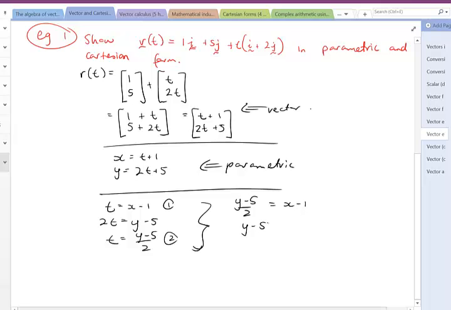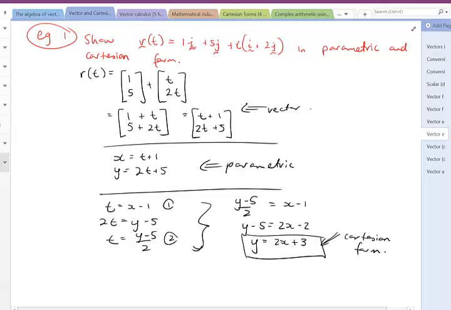We have y take 5 is equal to 2x take 2, and y is equal to 2x plus 3 is our overall equation. So this is our Cartesian form. Essentially the conversions are just that. So we can convert those equations of a line from vector to parametric to Cartesian form in 2 dimensions.